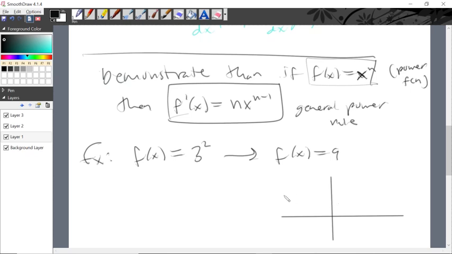Well, it is going to just be a horizontal line with the equation y equals 9. So for instance, it goes through points like 0, 9, but it also goes through points like negative 1, 9. And it would go through points like 9, 9, for example. It's a horizontal line.